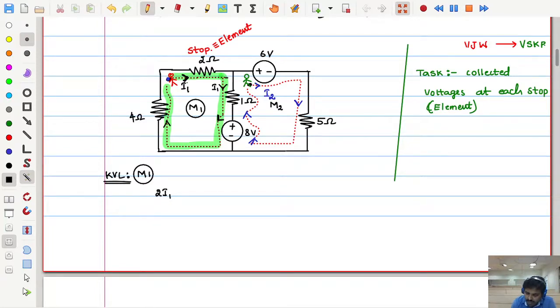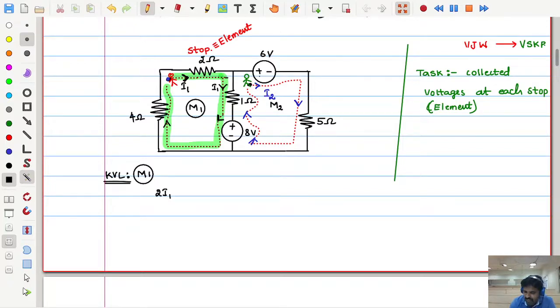Next, I'll be moving a little further. I came across one more stop. Now there, try to observe. This is, let us say, my friend, 2 ohms. Now as I move further, I came across one more stop. In that stop, a friend is there for me. At the same time, that friend is known to you.